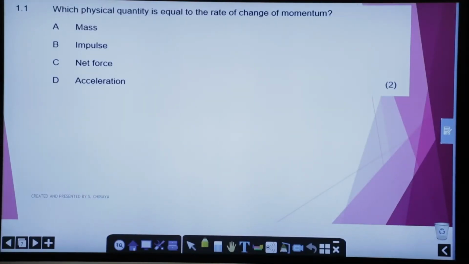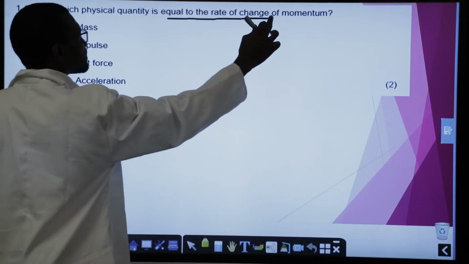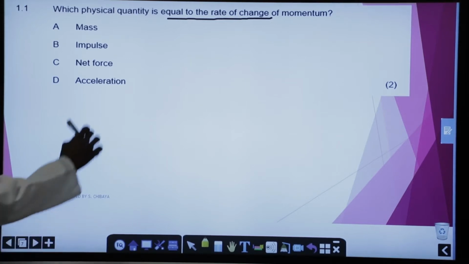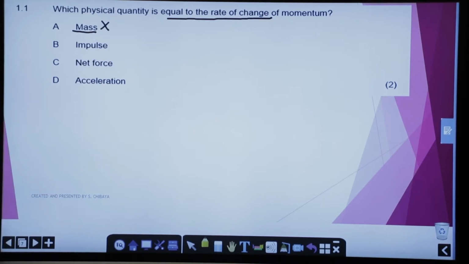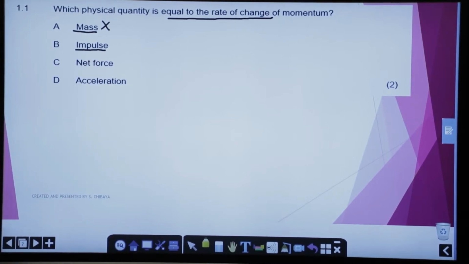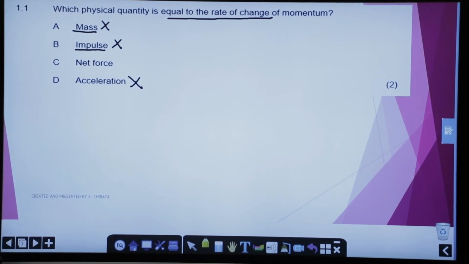Which quantity is equal to the rate of change of momentum? Do you remember? Is it mass? I think we explained what mass is. Is it impulse? I think I've just told you what impulse is. Acceleration is the rate of change of velocity.